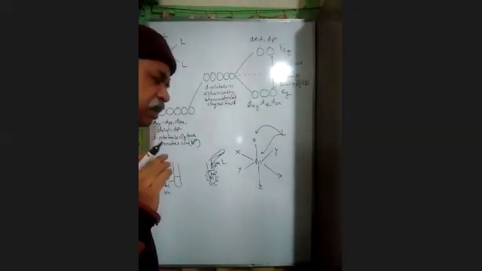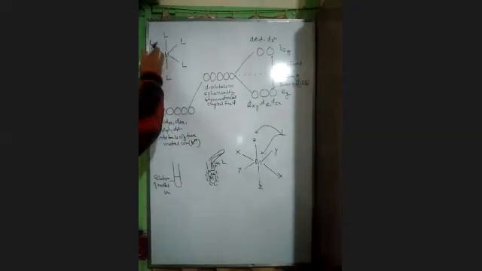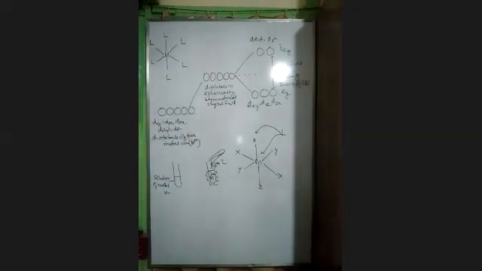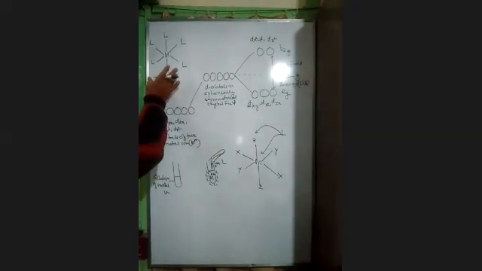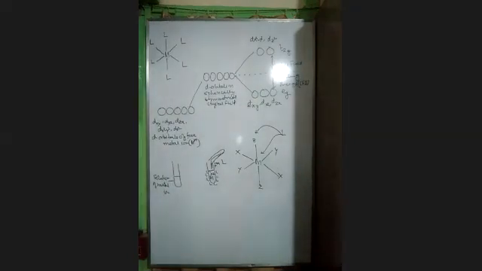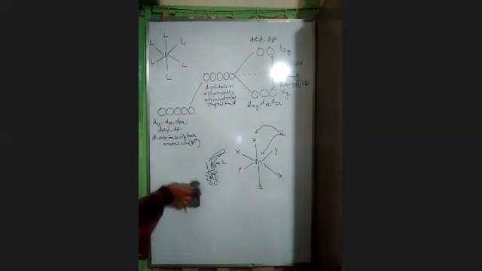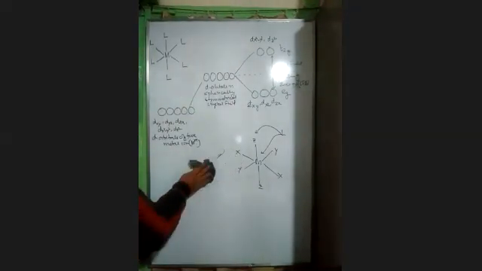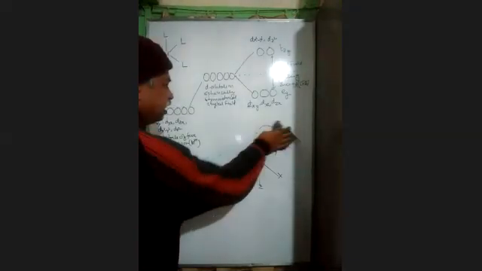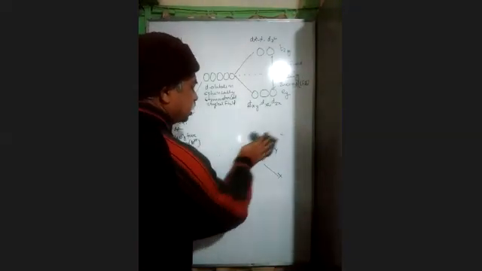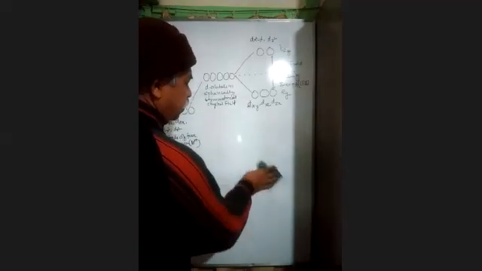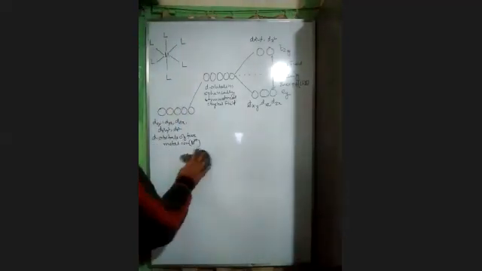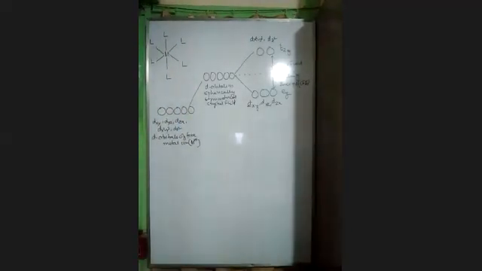Now see, a very interesting thing. When ligands come along the axis, what is the structure that you get? This structure is nothing but an octahedral complex. In octahedral complexes, the ligands will always come along the axis. So what should I write now here?